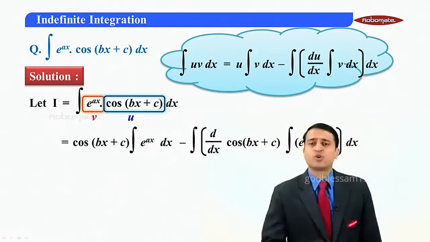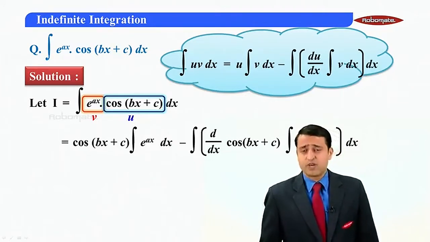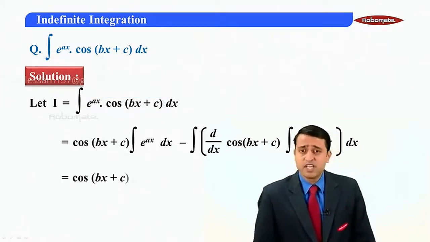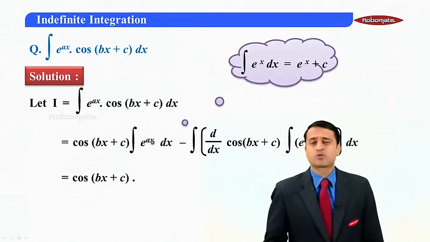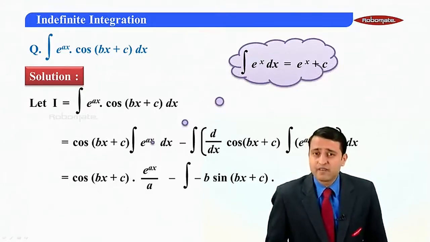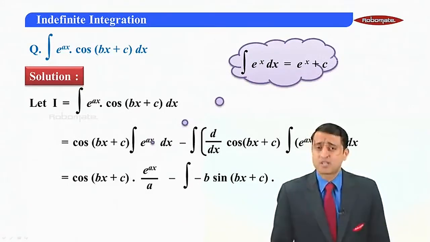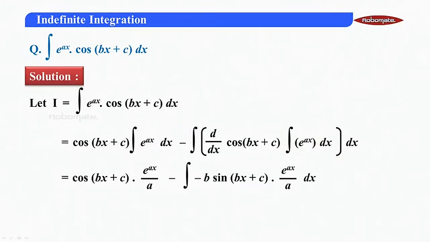Correct? Now let's go to evaluate the integrals and the derivatives. So what we'll get is cos of bx plus c into e raised to ax upon a, because the coefficient of x is a, minus derivative of cos is minus of sine, and that of bx plus c, if I differentiate, I get b. So minus b into sine of bx plus c into e raised to ax by a dx.